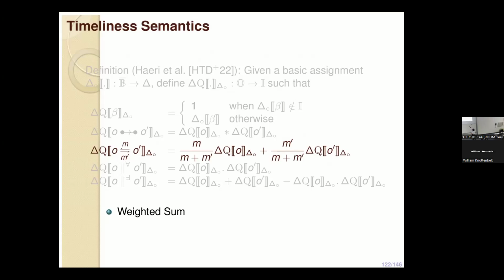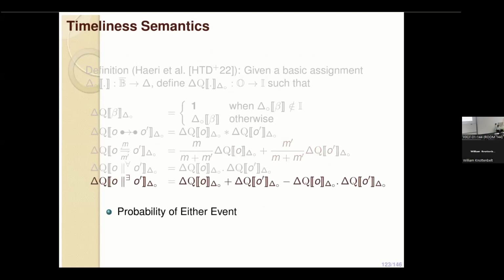Right? You take the delta Q of O, you proportion it with its weight, and you add that to the same for O prime. I'll let that sink in. Okay. Are we good?